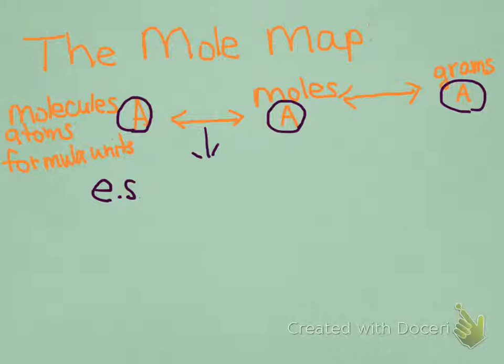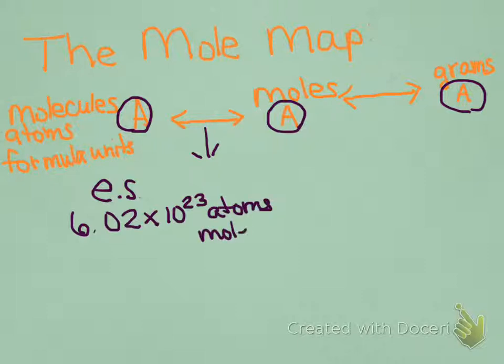We know that there are 6.02 times 10 to the 23rd atoms or molecules or formula units is equal to 1 mole.